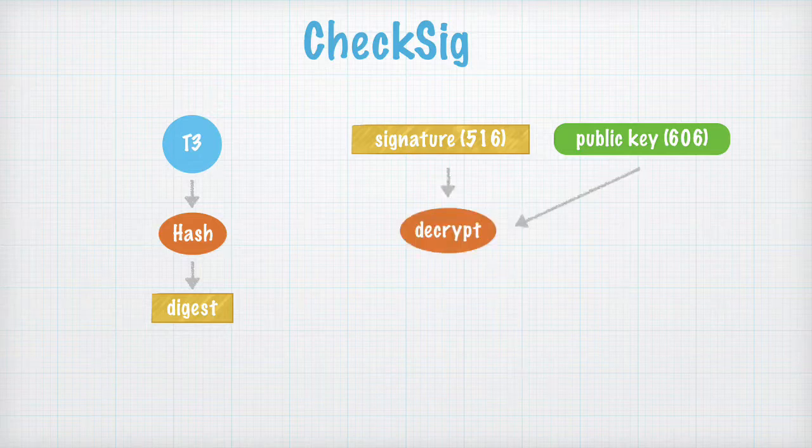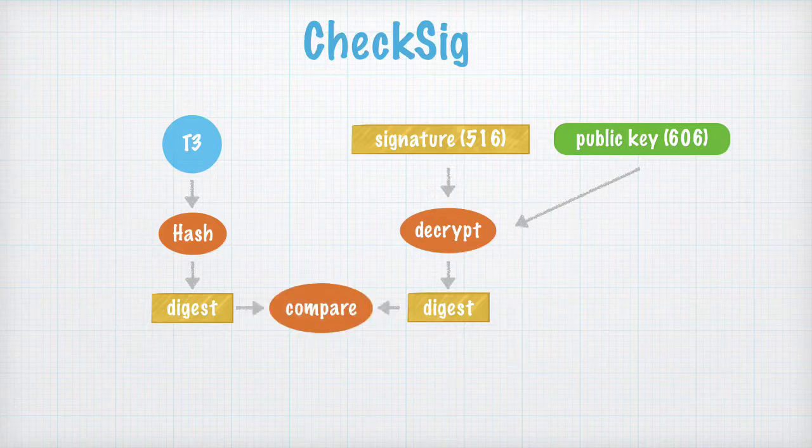Now, if you decrypt the signature using Alice's public key, if you have signed this particular transaction with Alice's private key, you're supposed to get the exact same digest back. And when you compare these two and they're equal, you know that you got a valid transaction.